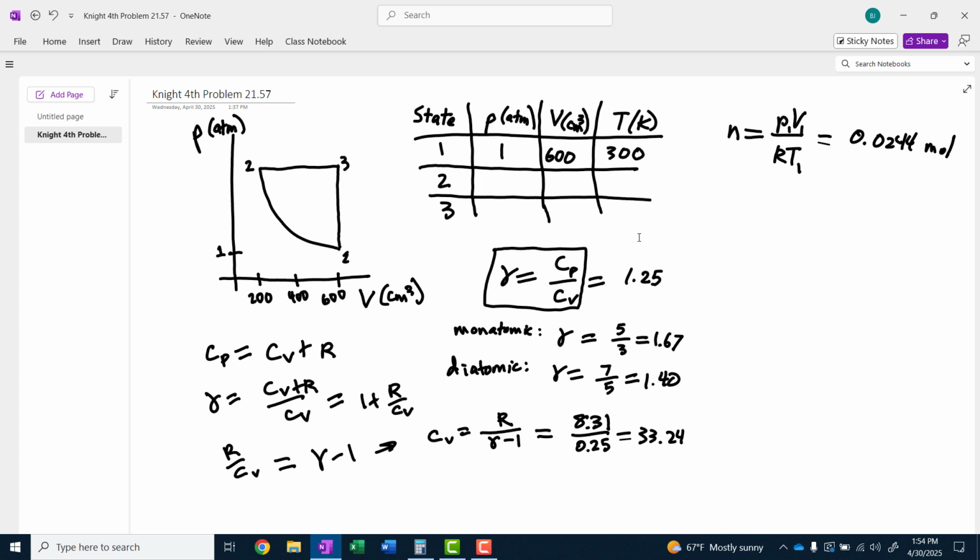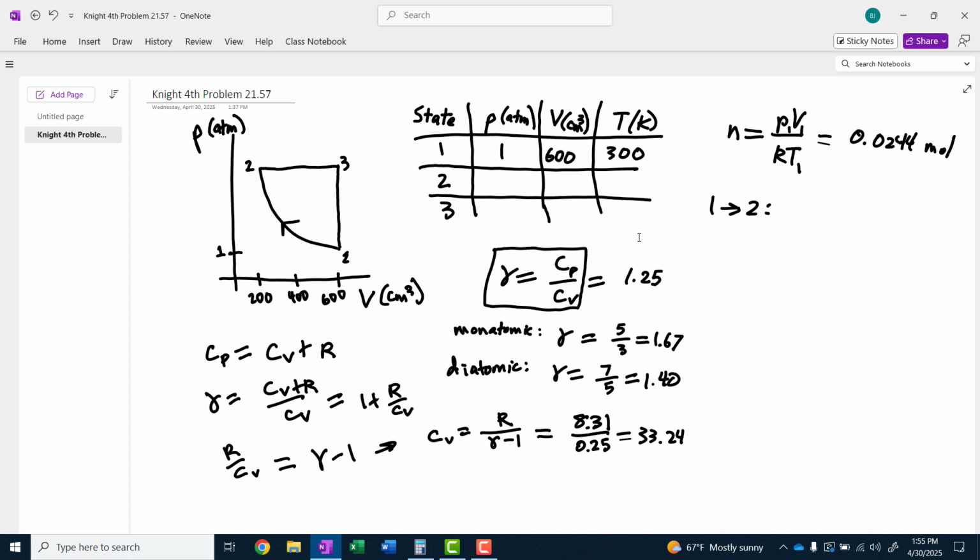What's next? Yeah, let's complete the PVT table. So for state 2, well, let's look at this process right here. Going from state 1 to state 2. That's an isothermal process. And we know that for an isothermal process, the temperature is the same.